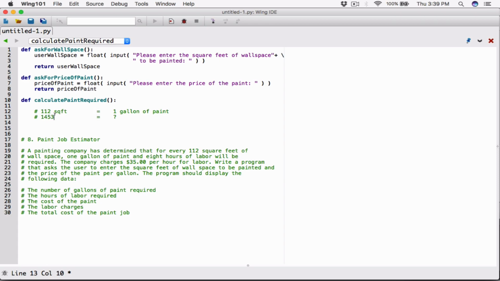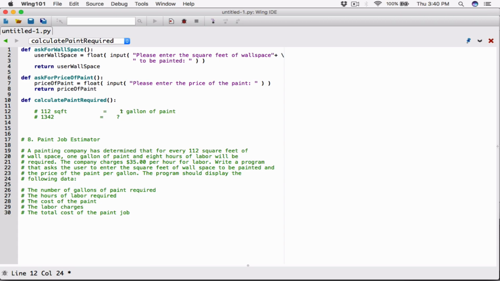So when the number was less here, because we know that 12 is going to give us a smaller number of gallons, more divides. 12 divided by the bigger number, 112, times 1. When it was a bigger number, like let's say 1342, it gives us more.